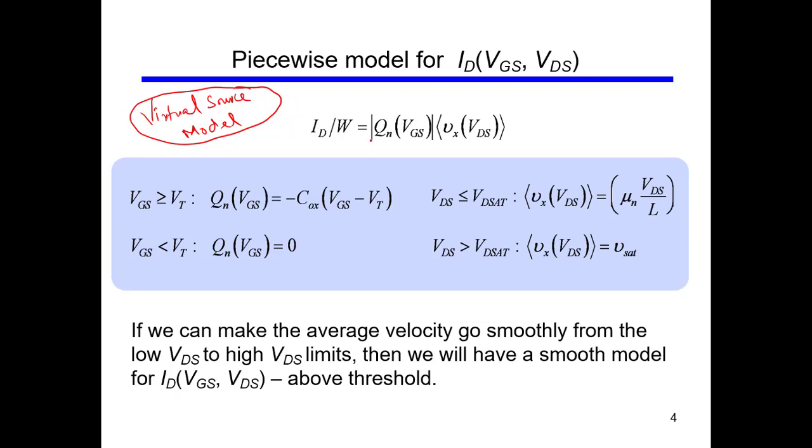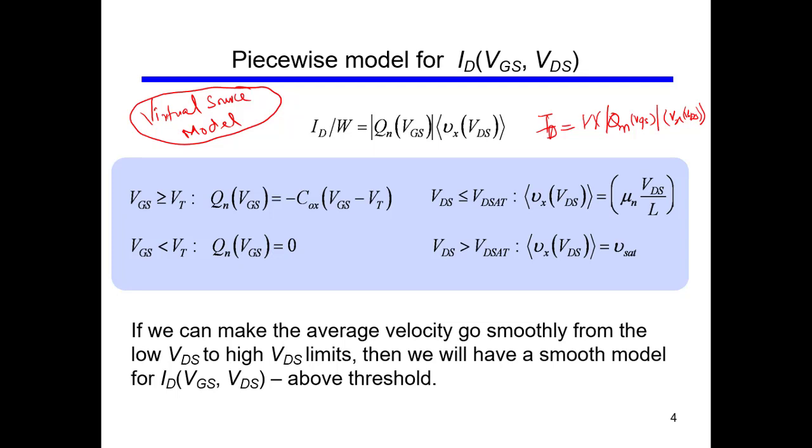So we know this equation very well, that the current, in the previous lecture, was written like this: current is equal to the width times the charge in the channel times the velocity. We have seen this formula in the square law device.